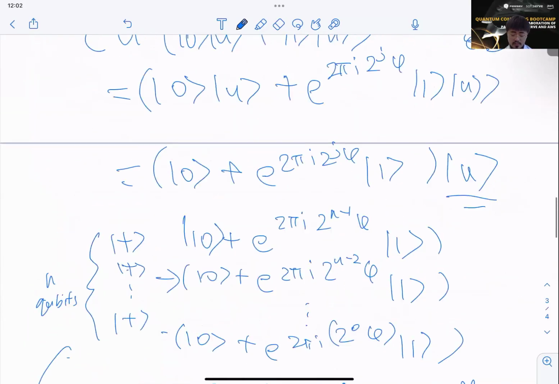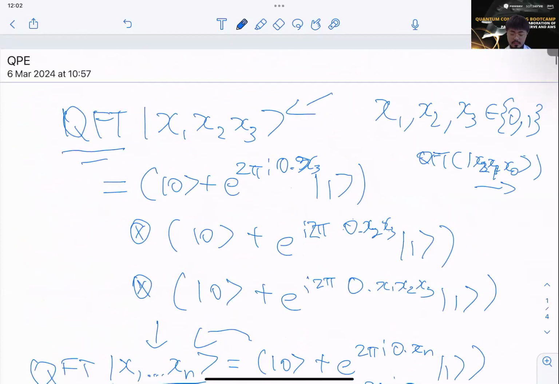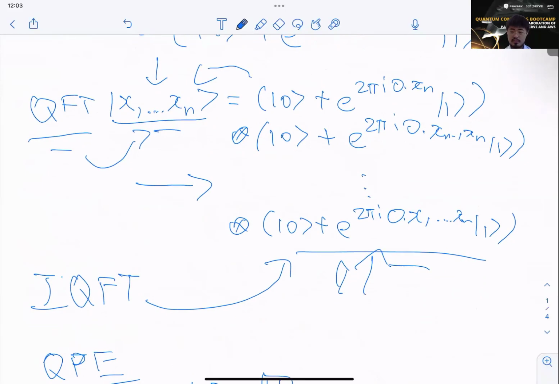Yep. It reminds us of the QFT, doesn't it? When we perform the QFT on x1 dot dot dot xn, we get this form. We get this entire thing.